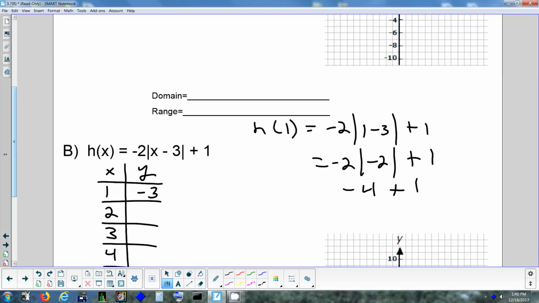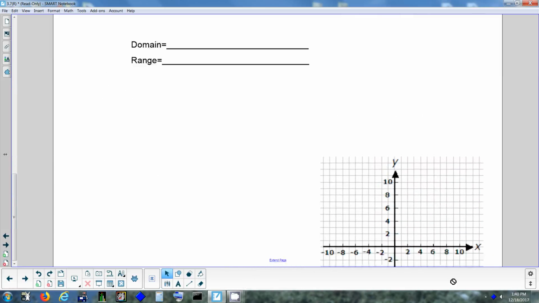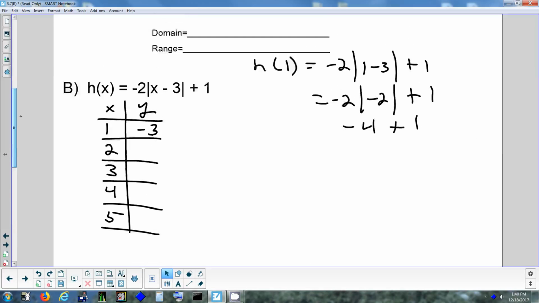Remember, what Mr. Hager had here is -2 and the absolute value, with no sign in between. When numbers are side by side like that, like a 2 with an x next to it, that means 2 times x. Same thing here, no sign in between, that means we have to multiply.